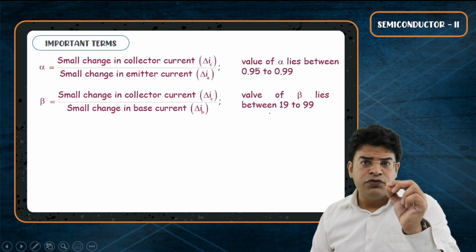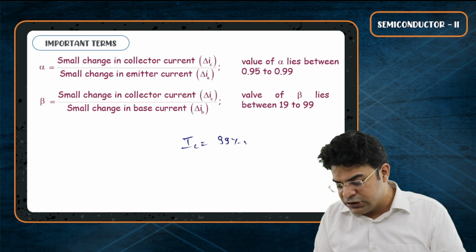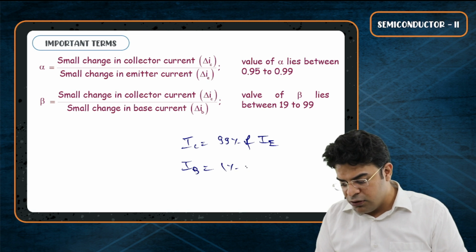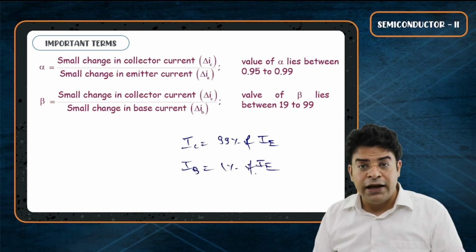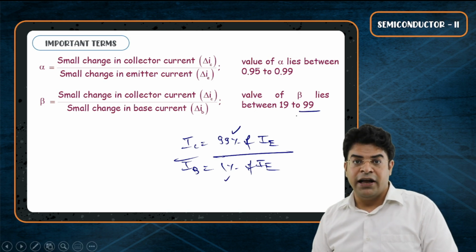If 1% of charge carrier recombine at base, it means that IC is 99% of IE and IB is 1% of IE. So IC by IB is 99 by 1, that comes out to be 99.